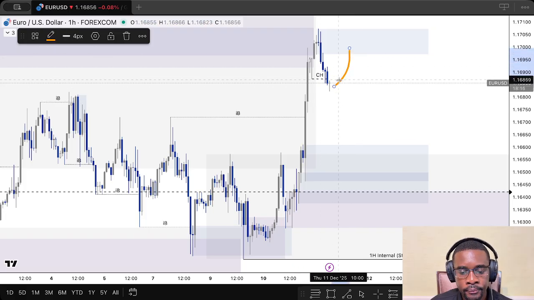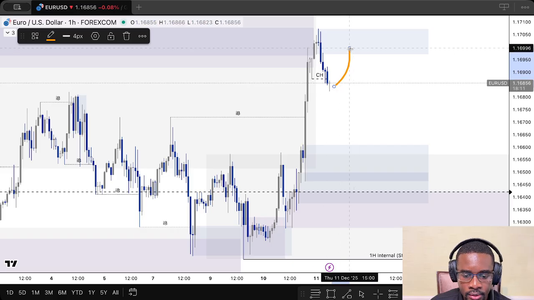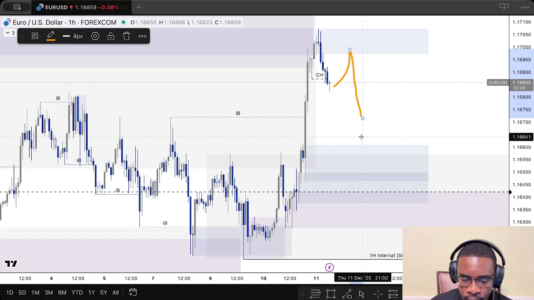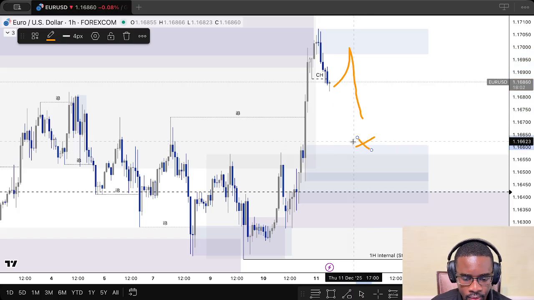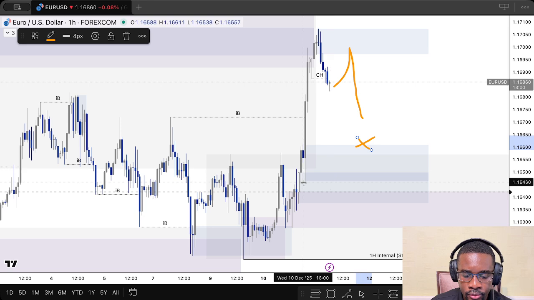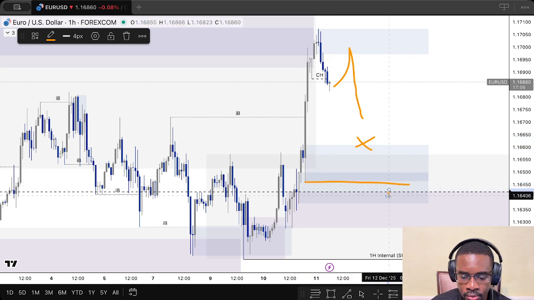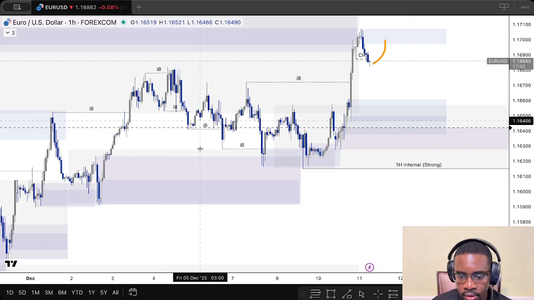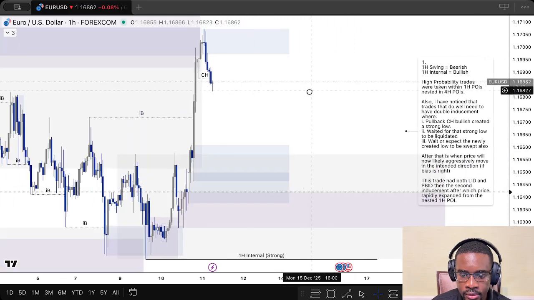It is still in the premium range, so assuming price will mitigate and then drop, with the expectation that at least we will mitigate this 1 hour POI, if not lower, after sweeping this and then deeper at least to this POI.